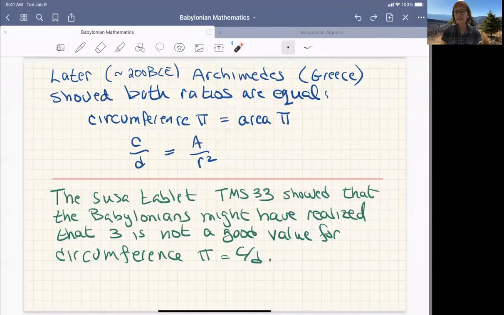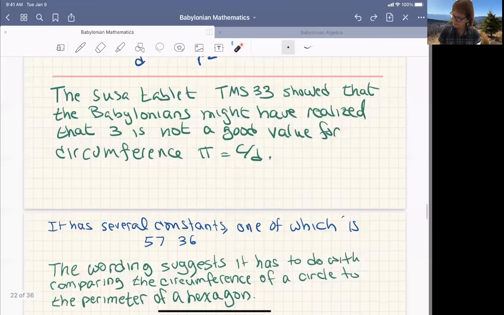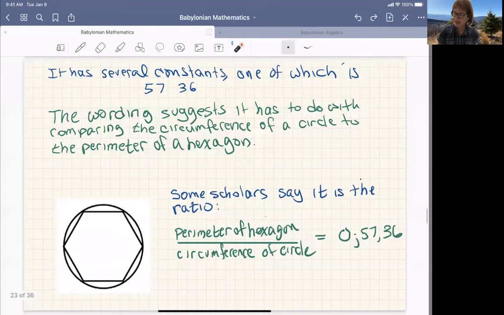And in fact, it appears as though they have a better value in this tablet. So we're going to take a look at that. In that tablet, we see several constants, but one of them is this constant.